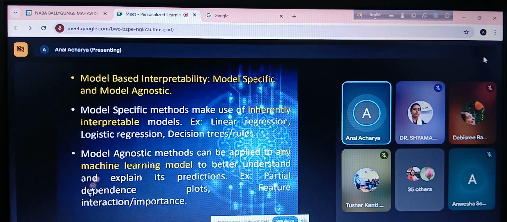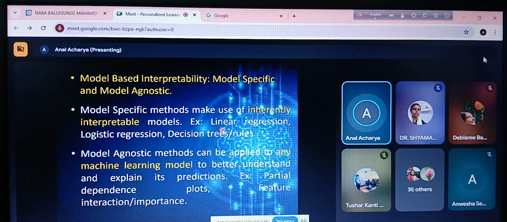So over here, again, we can distinguish it into two forms. One is model specific, one is model agnostic. What is model specific? Model specific means make use of inherently interpretable models, right? What are some of the examples of interpretable models?